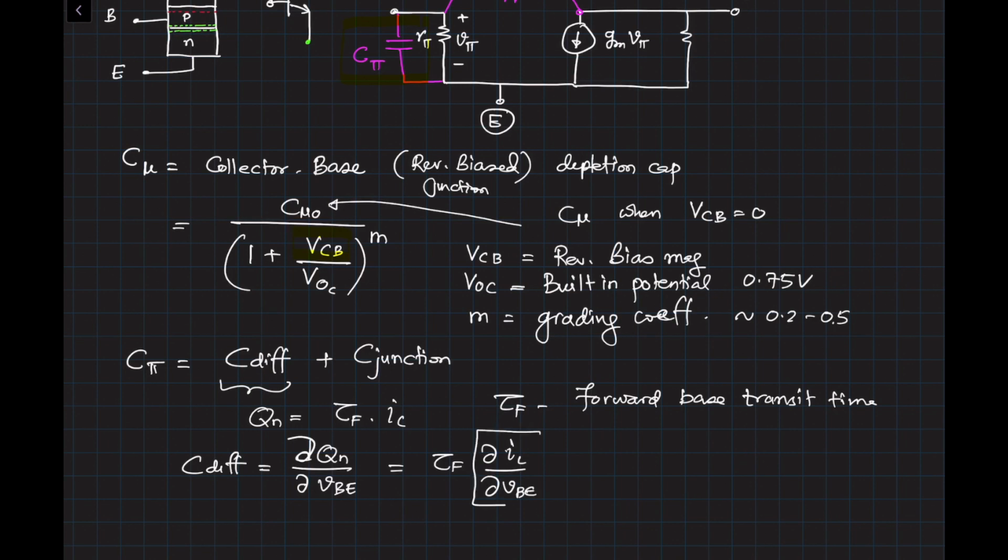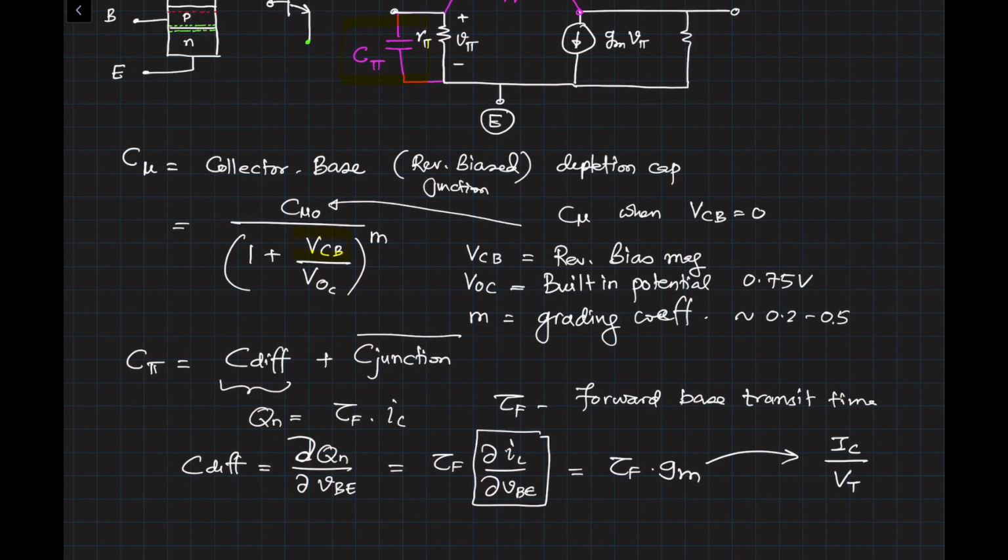And we already know what this parameter is. That is our gm. So tau f times gm is our diffusion capacitance. gm we already know for a bipolar transistor is IC divided by VT.